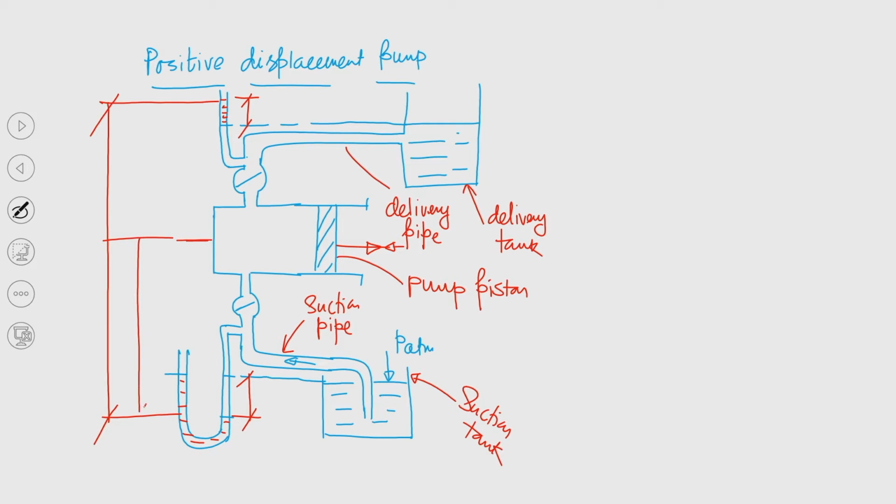I am giving names. Say this is point 1, then this height is say ZS and this height is ZD, and this I will be naming later.